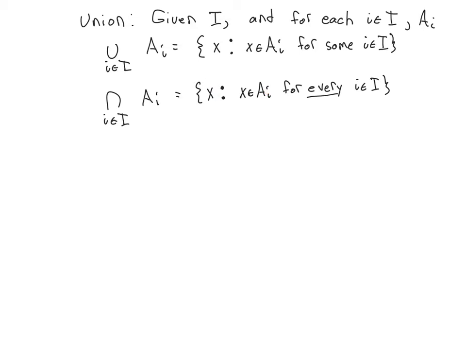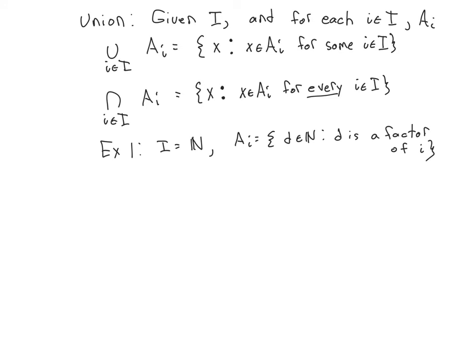So for example, suppose that I is the set of natural numbers, and define A_i to be the set of all natural numbers d such that d is a factor of i. So for instance, we would see that A sub 6 is a set containing 1, 2, 3, and 6, because 1, 2, 3, and 6 are all factors of 6.